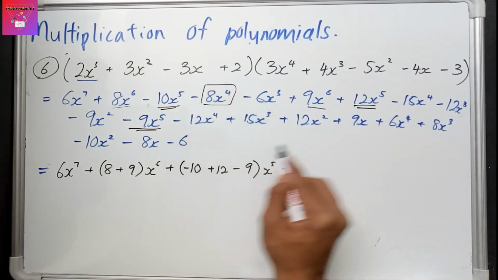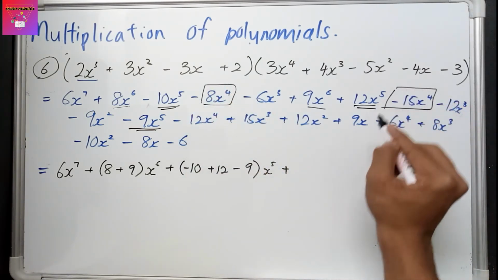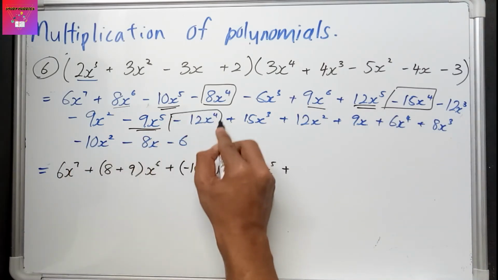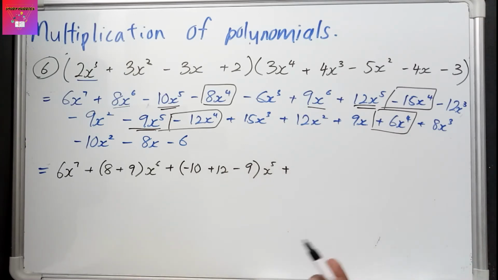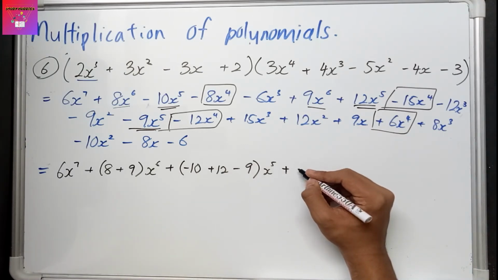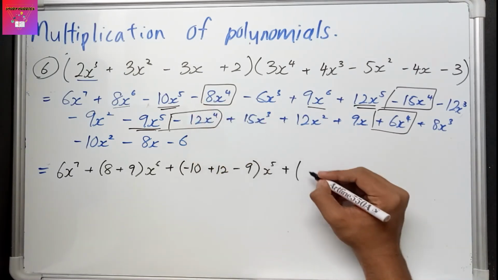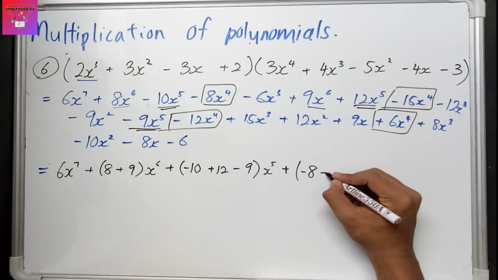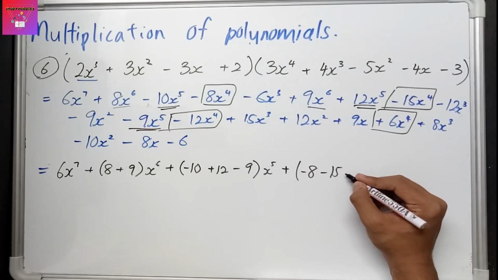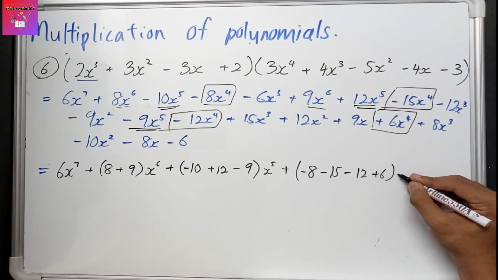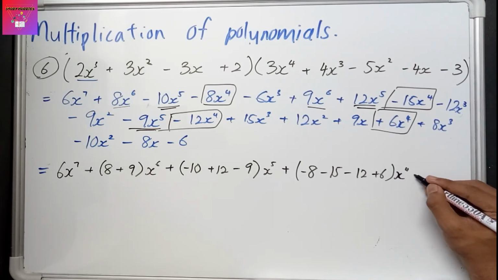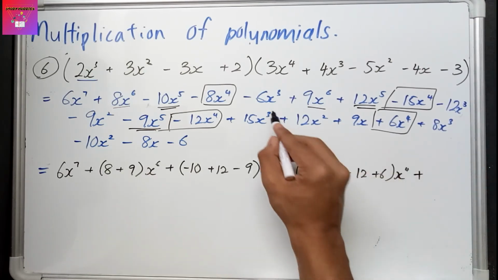We have 4 values, so we are going to write everything into one bracket. So this is negative 8 minus 15 minus 12 plus 6, x to the power of 4.